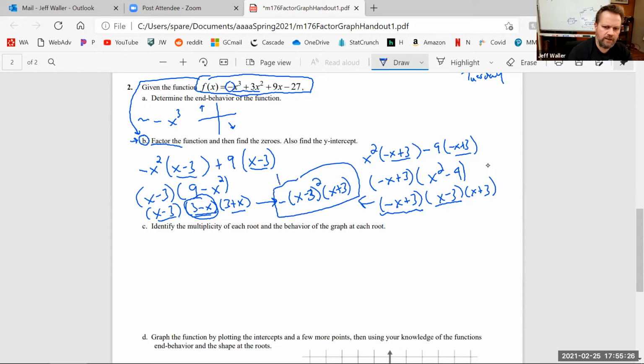I can see my end behavior again, right? Negative x cubed. Okay, I like it. I've left myself no room, so I'm going to erase this other way here.